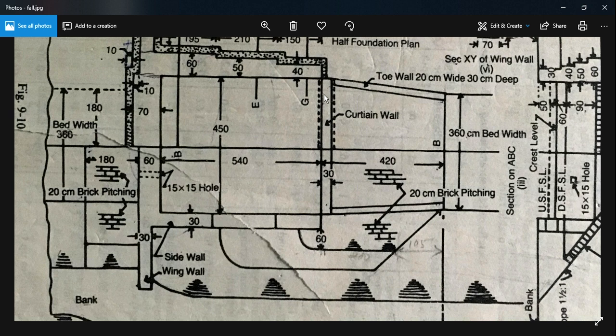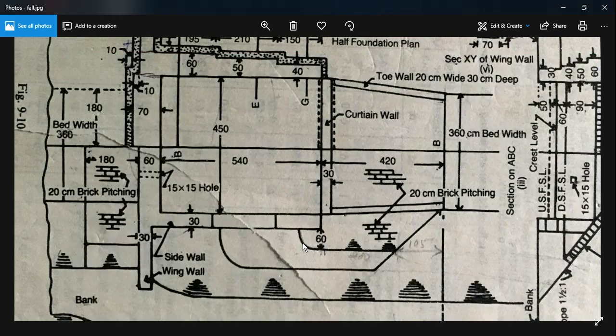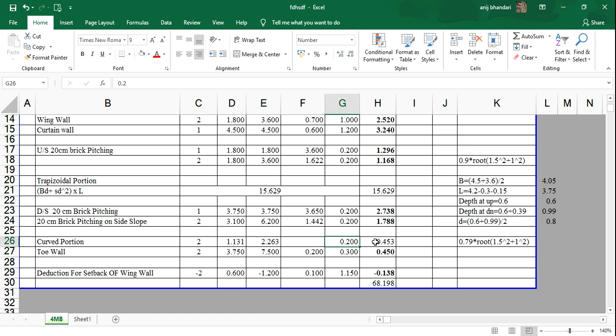It is on both sides, so we'll put 2 in front, and for a circle we know the area is equal to pi r square. It gives us this, and because it's brick pitching, again we multiply by the depth, which is again 20 centimeter, that's 20 over here.